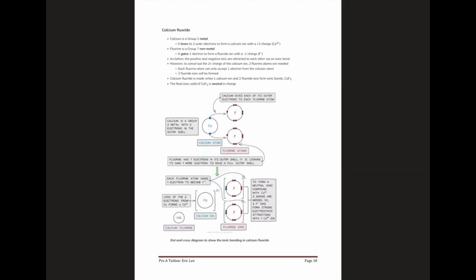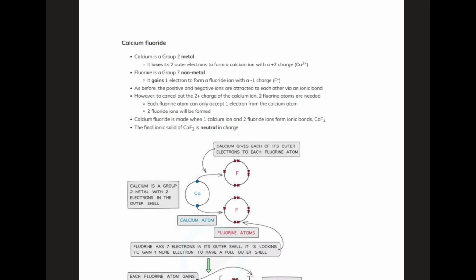Now let's move on. Calcium fluoride. Okay, so you can see calcium group 2 forms 2 plus, and then fluorine group 17, they're non-metal. They will gain 1 electron, form fluoride. The charge is 1 minus. Okay, and then be careful with the charge. Charge you write 2 plus.